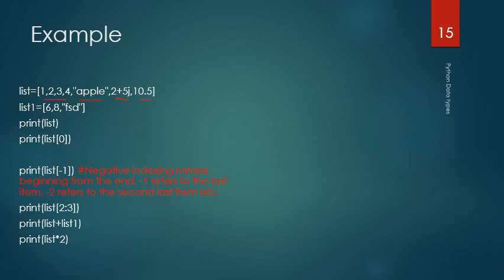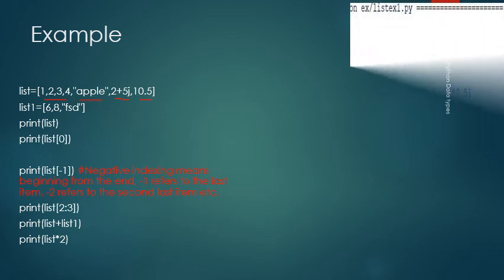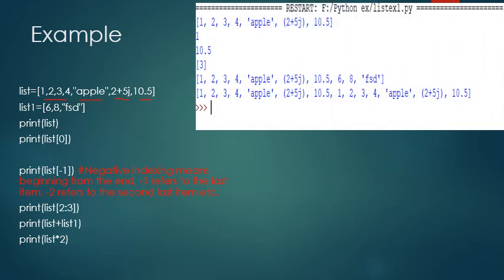Here, the print statement, print list, will print the entire list, that is the first list is printed. Print list of 0 will print the first element of the list. Print list of -1 will print the last element of the list, that is 10.5 was printed.